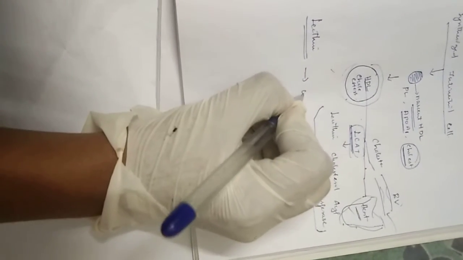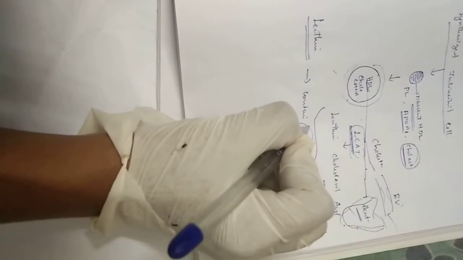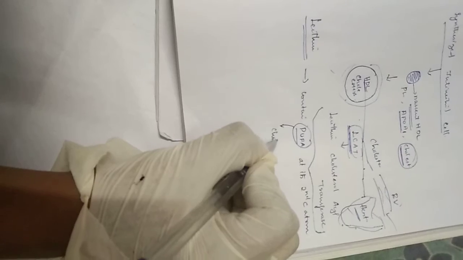The lecithin molecule contains a PUFA, polyunsaturated fatty acid, at its second carbon atom. Now this PUFA is transferred to the cholesterol which is taken up from the blood vessels, and it is converted to cholesterol esters.